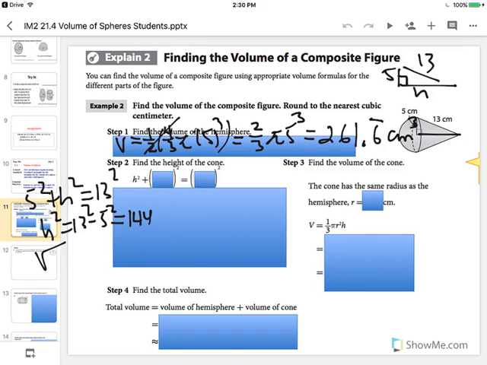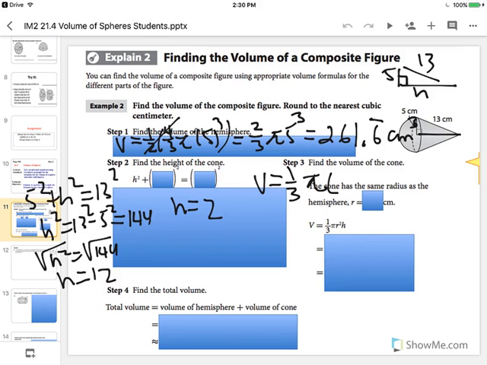Okay, so then take the square root of both sides. So the height is 12. When we know the height is 12, then we can solve for the volume. So the volume is 1/3 pi times the radius, in this case 5 squared, times 12.